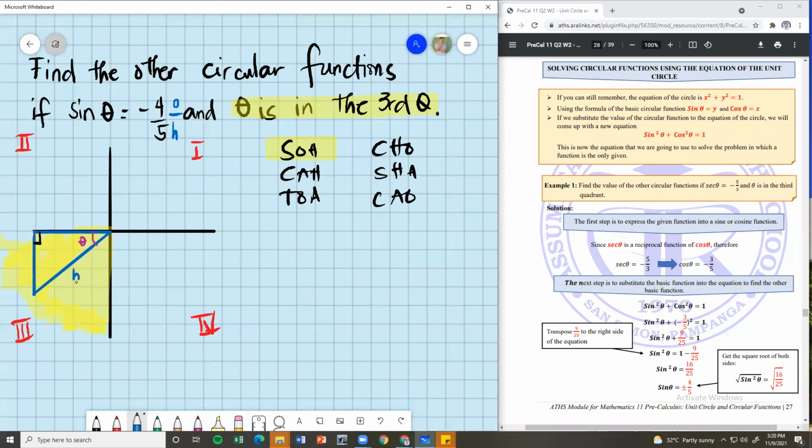So you write here positive 5, and your opposite or adjacent can either be positive or negative. Since this is negative, therefore, your opposite here will be negative 4. That's it. So nakapag-drawing tayo ng right triangle. And from here, let's just find the remaining side. And for us to solve that, we will be using Pythagorean theorem.